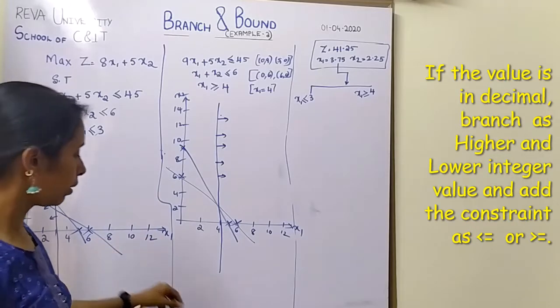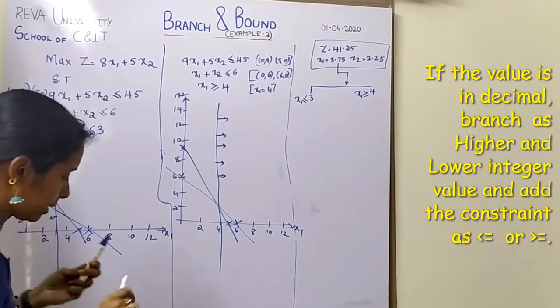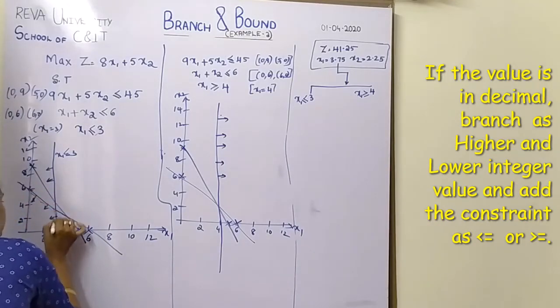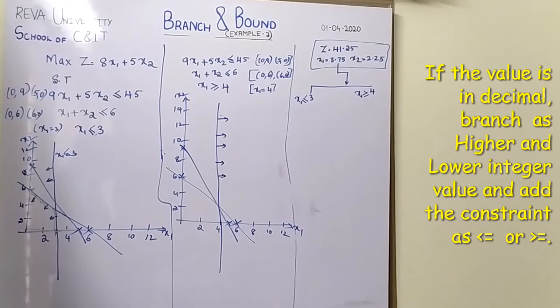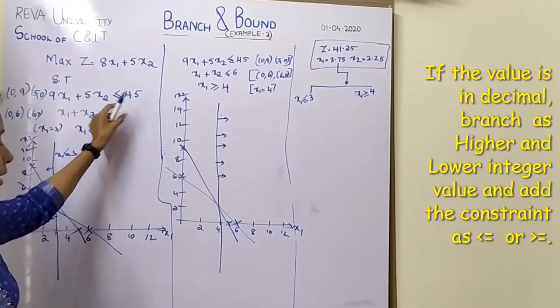Now we'll try to find out the values. See here, what is the feasible region? These are our feasible region. The values will be set into our objective function as well as all these constraints.